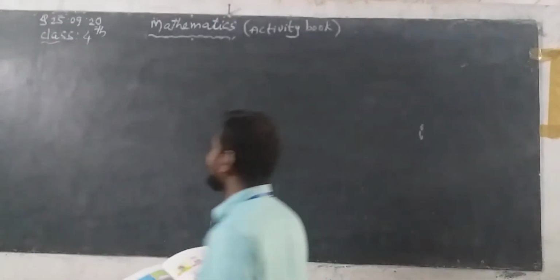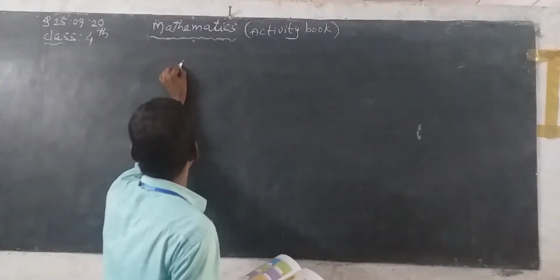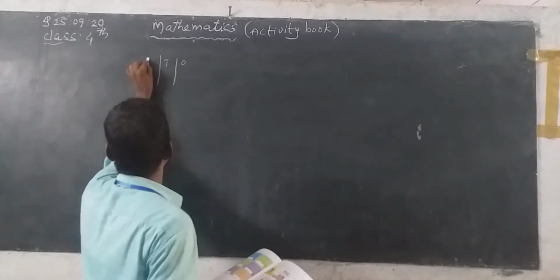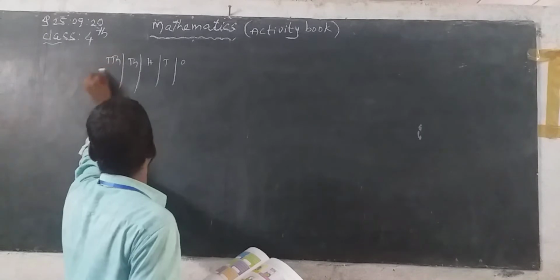Third row, first one. See here, you can write the places: ones, tens, hundreds, thousands, 10,000.